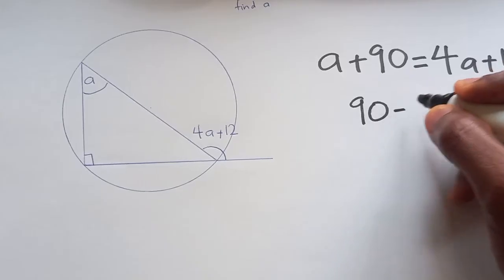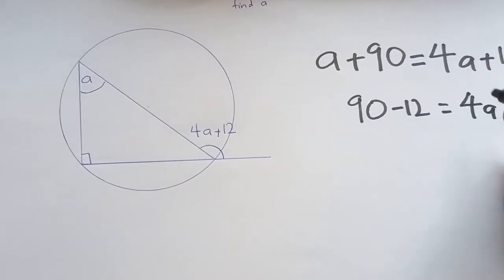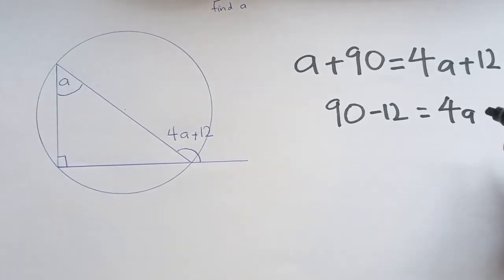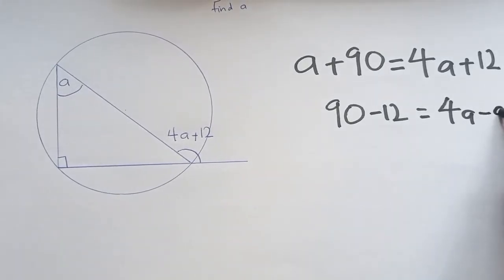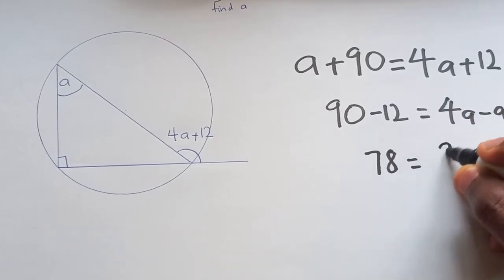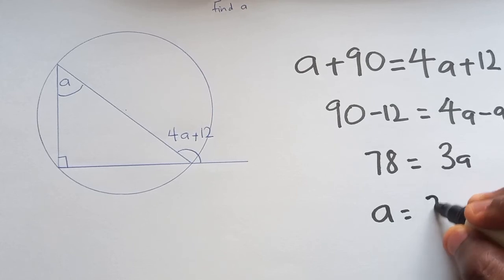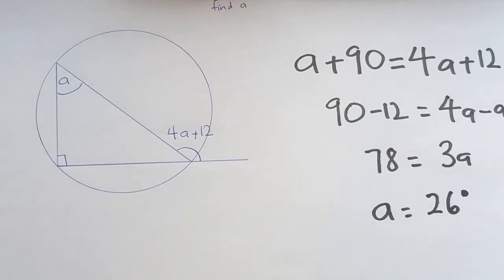So 90 minus 12 is equal to 4A minus A. We have this to be 78 is equal to 3A. Divide both sides by 3. We have this side to be 26 degrees.